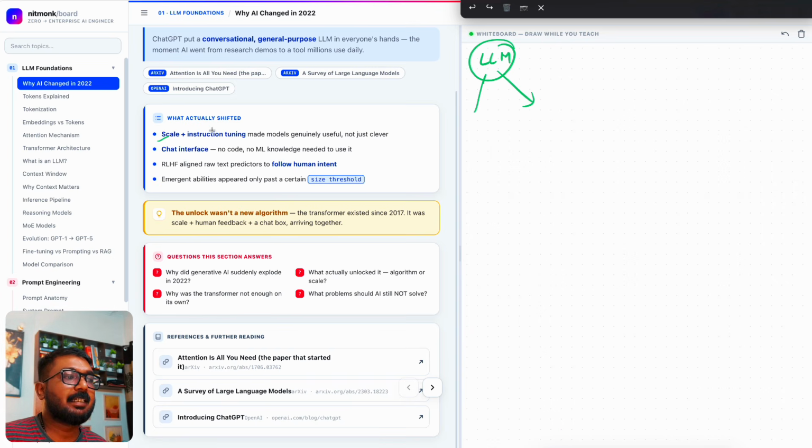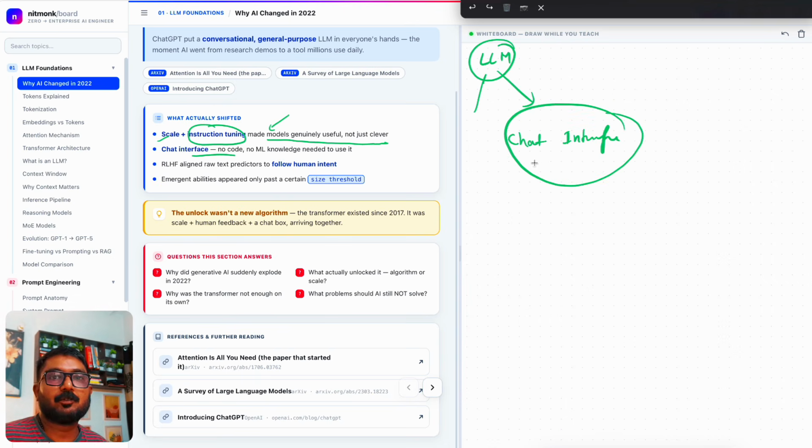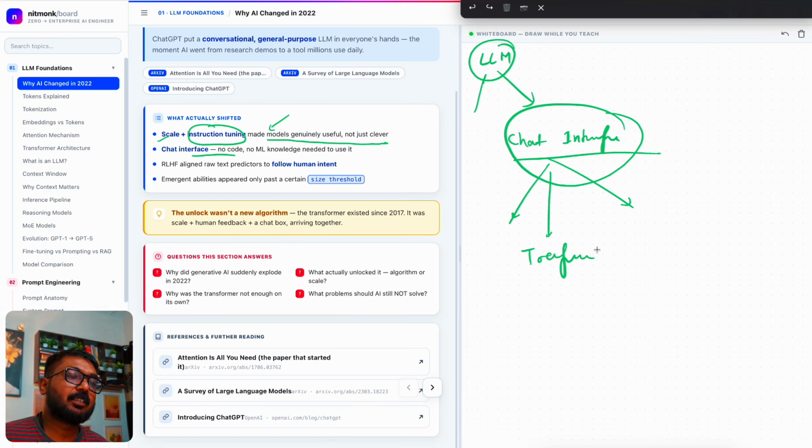So if you talk about scale and instruction tuning, it made models generally useful, not just clever. The chat interface was basically the best idea, giving the chat interface to the user so that they can directly communicate with the LLM and get an answer. This transformer was trained to take data and give output.